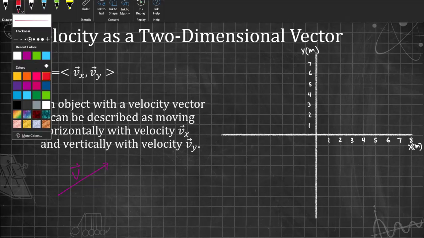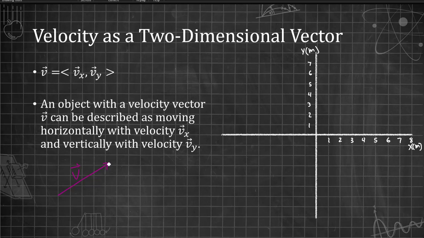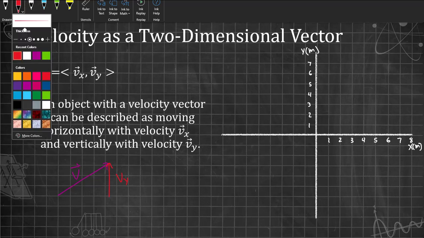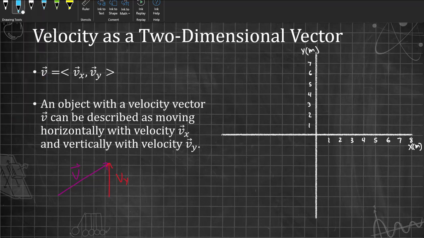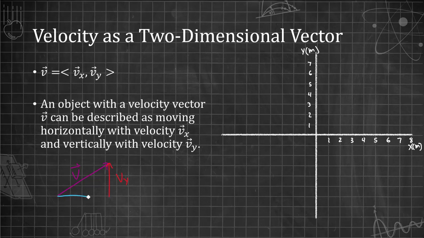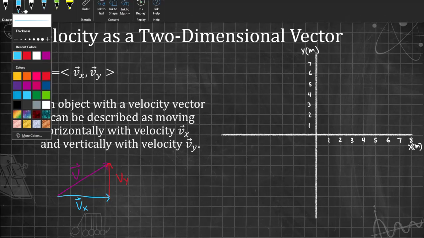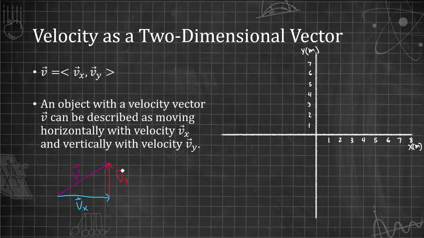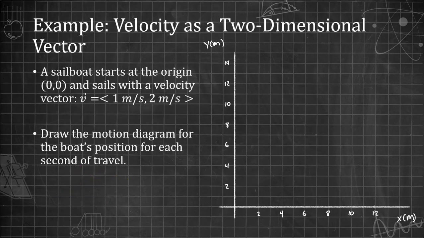This vector is made up of a horizontal component that points to the right and a vertical component that points upwards, because the overall vector points up and to the right. So we can describe it with two independent vectors, the x and y, that each point in different directions. These symbolize how fast the object is moving forward in the horizontal direction and how fast it is moving upwards in the vertical direction.